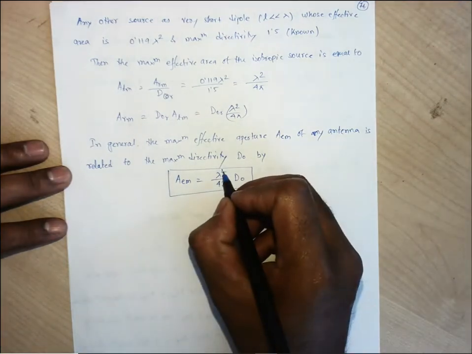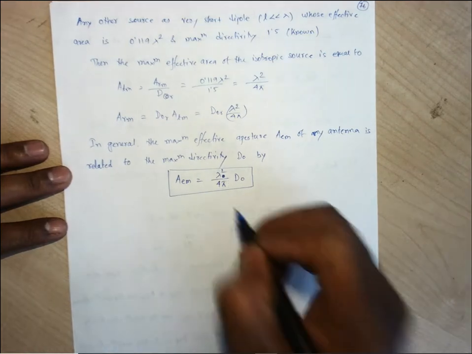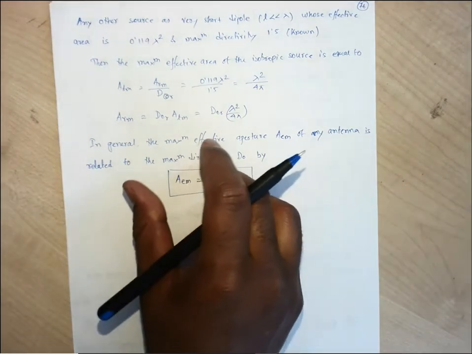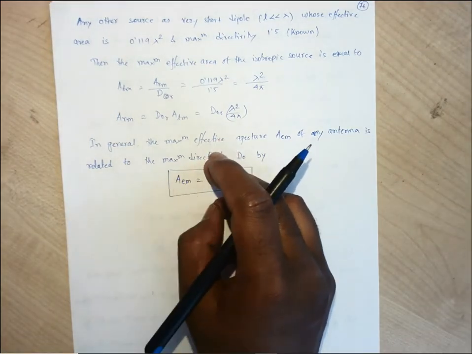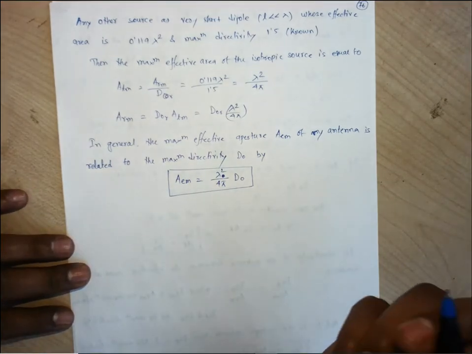So this lambda square by 4 pi is coming from the concept that our transmitter is an isotropic source. Okay.